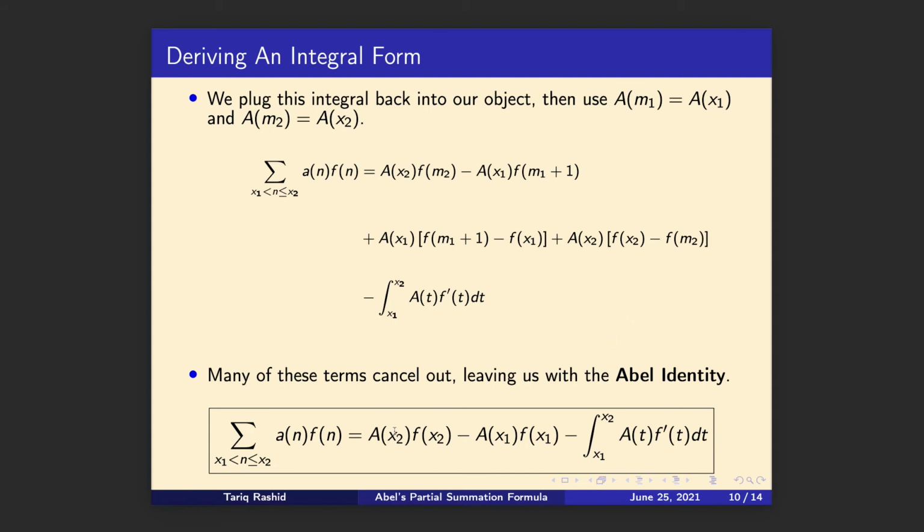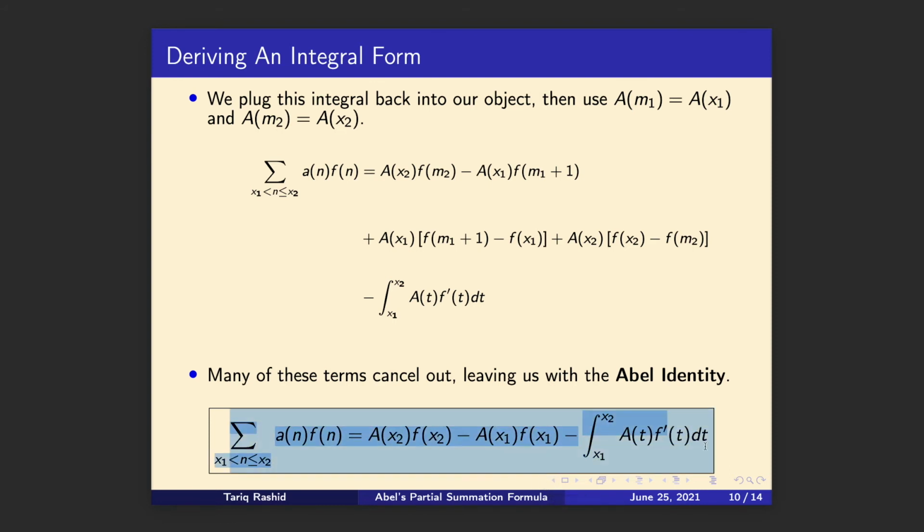But this is a useful identity because it's this general object that we find useful, an arithmetic function weighted by a smooth function, which is a sum over integers in a range, and we've now expressed that in terms of continuous functions.